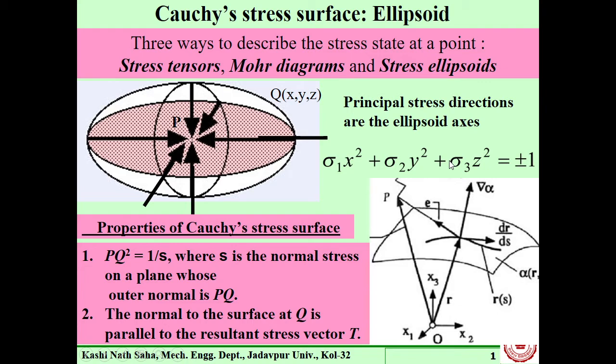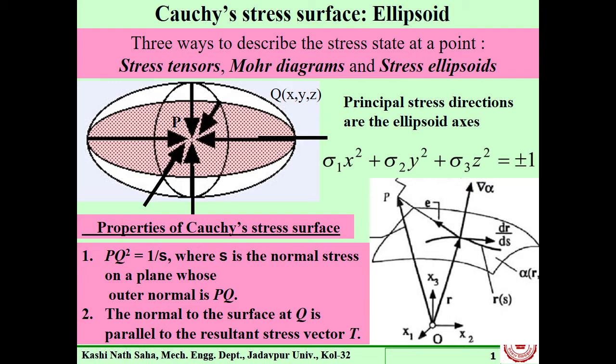So if we plot them along this x, y and z direction, we get this ellipsoid, and this is the equation of this stress ellipsoid. So point Q is a point on this ellipsoid, so it also follows this equation.